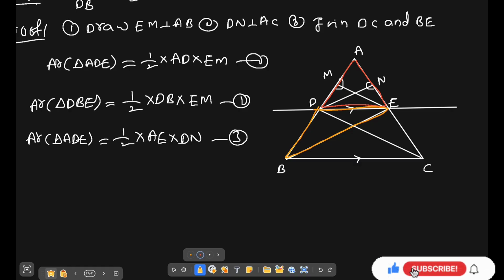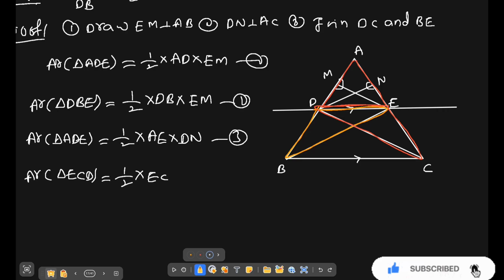Again let's find the area of triangle ECD. So area of triangle ECD is half into base EC, and the height is the same, DN.